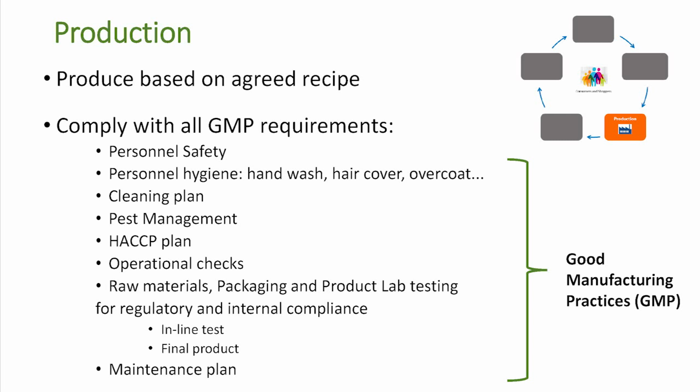Those practices are very important to respect. If you don't respect them, you will end up in crisis, issues, recalls, and people getting sick when they eat your products. There are so many good manufacturing practices, but I have just listed here the ones that I think are very important for us.